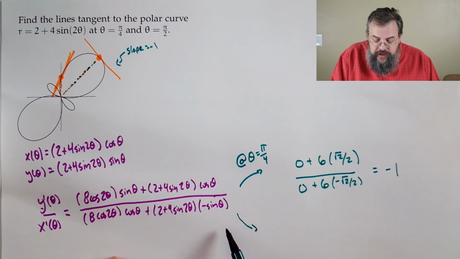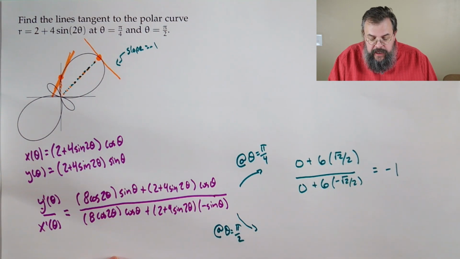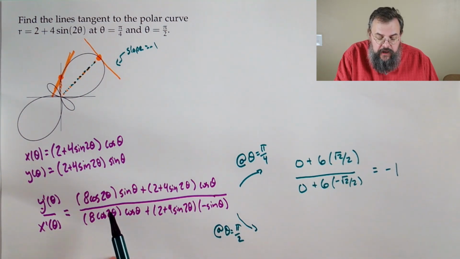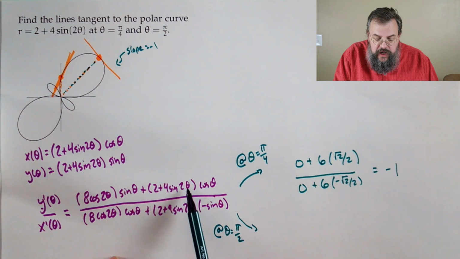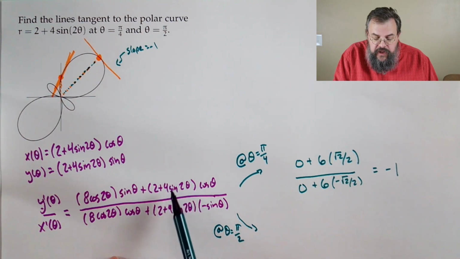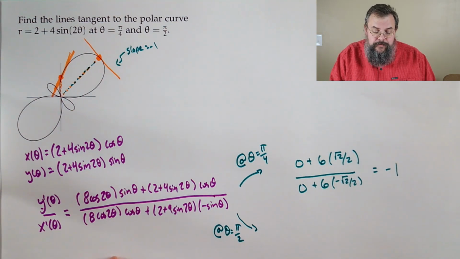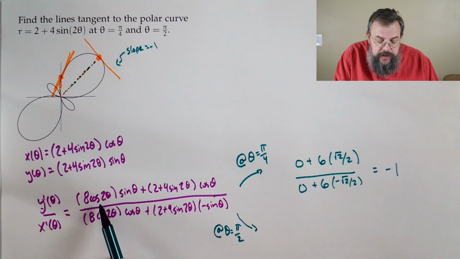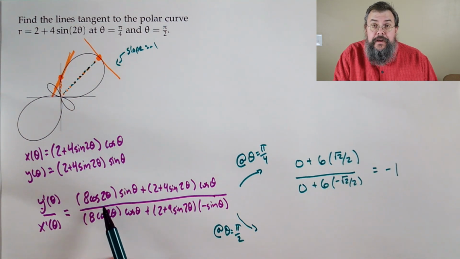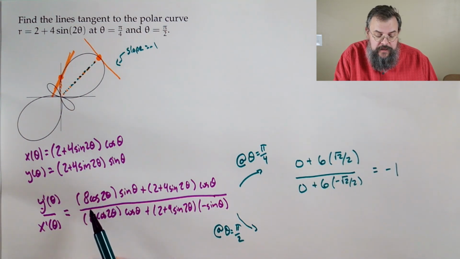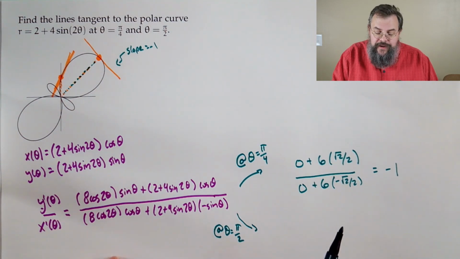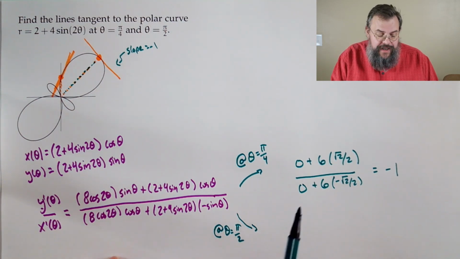Okay, so at theta equals pi over 2, what happens? Well, now we see this sine of 2 times pi over 2, sine of pi. That's going to go away. Okay, things are going to get interesting. Sorry, it's not cosine 2 pi, it's cosine 2 times pi over 2, so that's cosine pi.